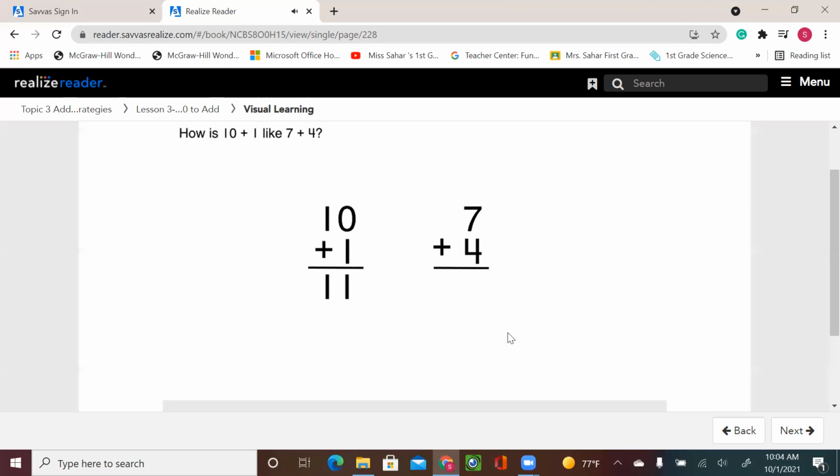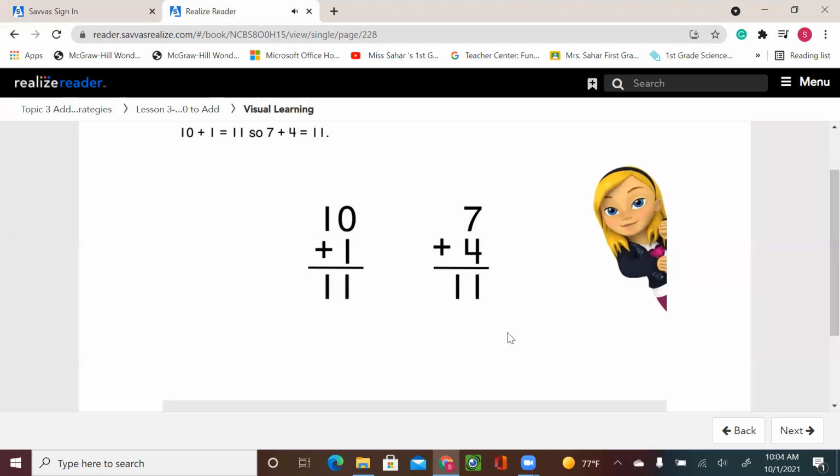How is 10 plus 1 like 7 plus 4? The sums are the same. Why are the sums the same? One answer is 10 is 3 more than 7. 1 is 3 less than 4. 10 plus 1 equals 11, so 7 plus 4 equals 11.